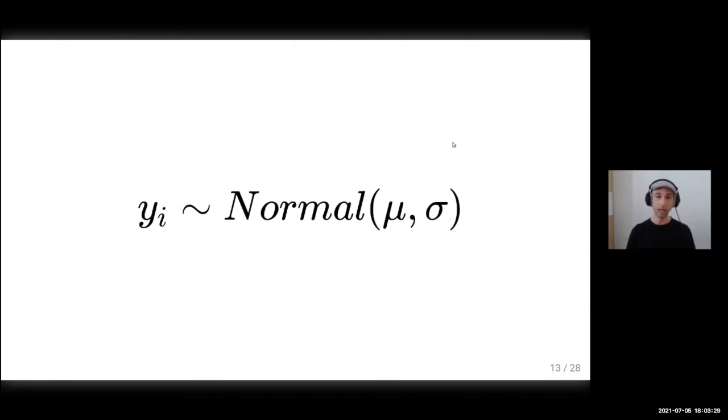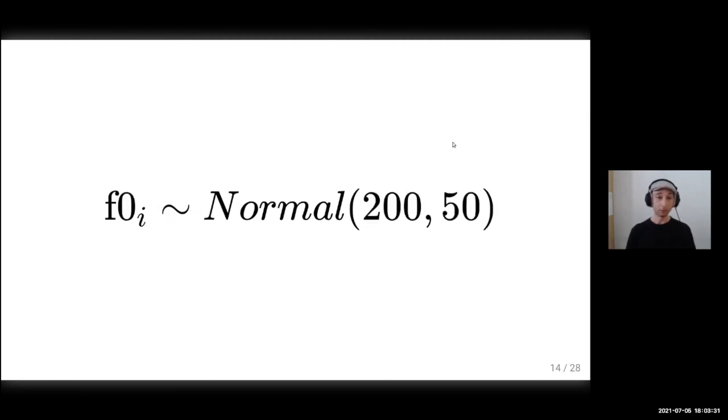Nothing new here. It's just that this is a formula, but it's exactly the same concepts that we've just seen before. And if you remember the example from F0 before, the distribution had a mean of 200 Hertz and a standard deviation of 50. So this formula is basically just telling you that if you sample F0, the values that you're going to get are going to be distributed according to a normal distribution with a mean of 200 and a standard deviation of 50.